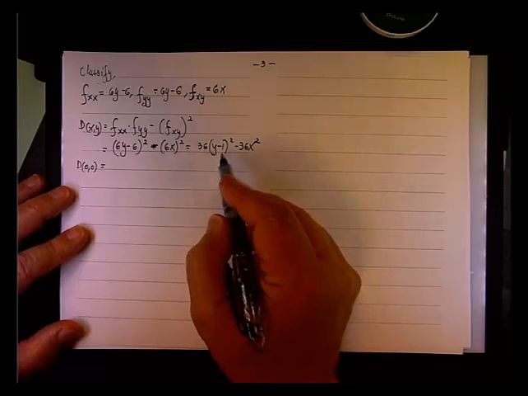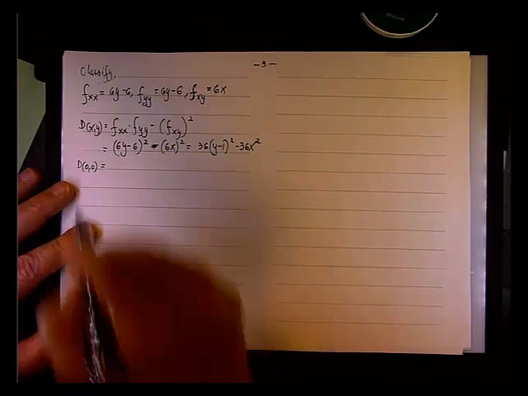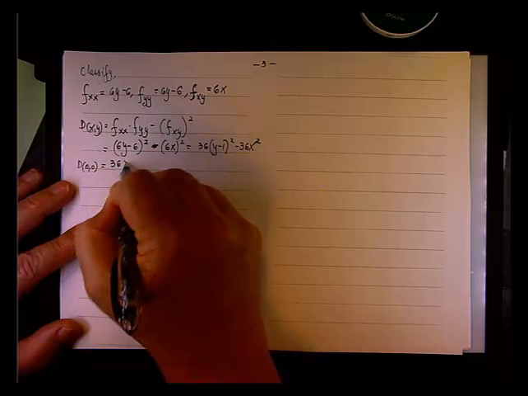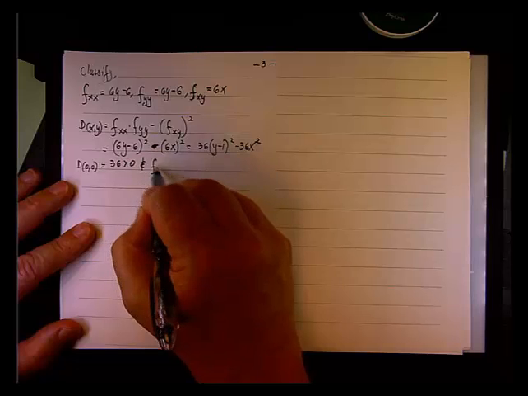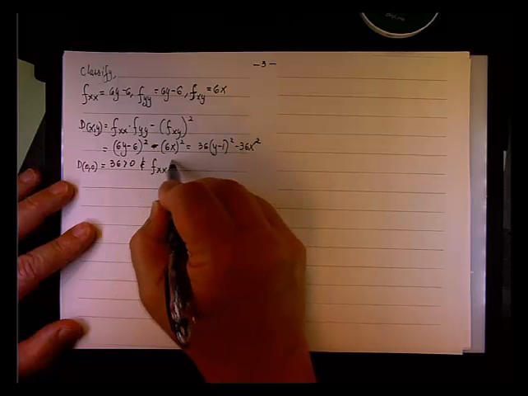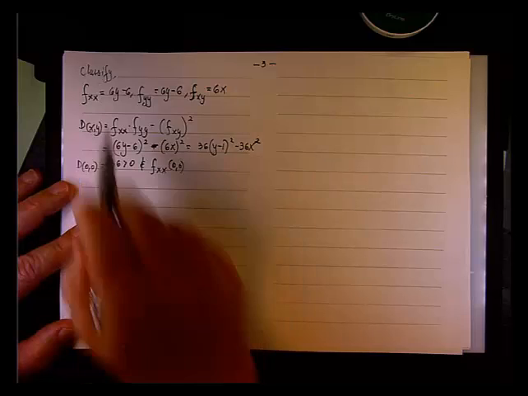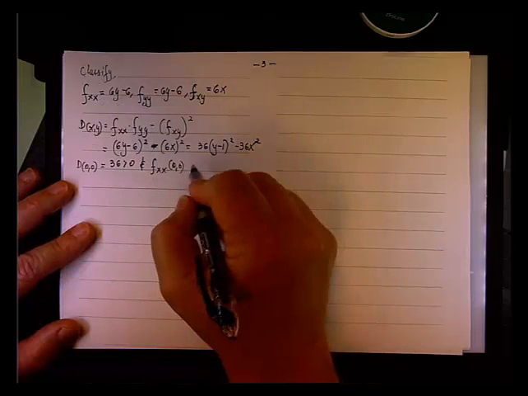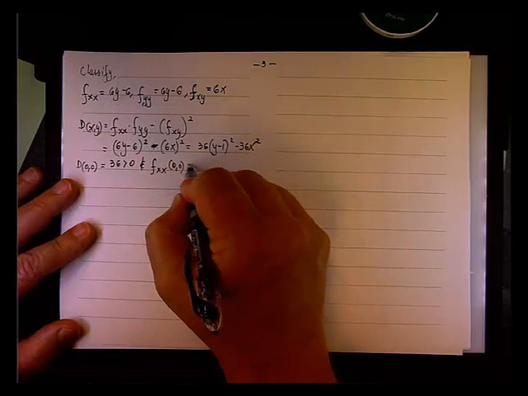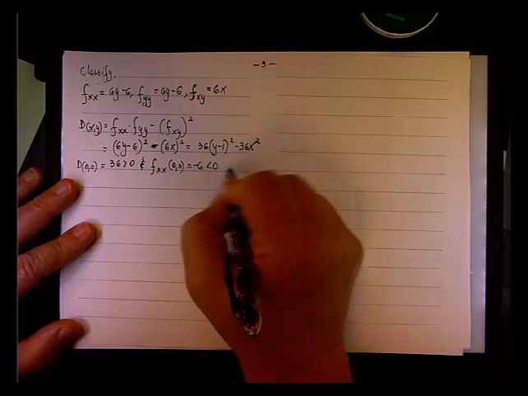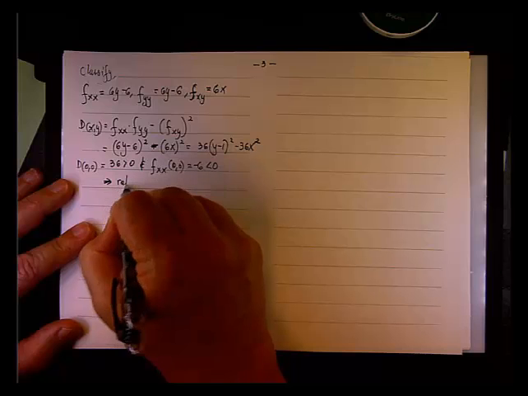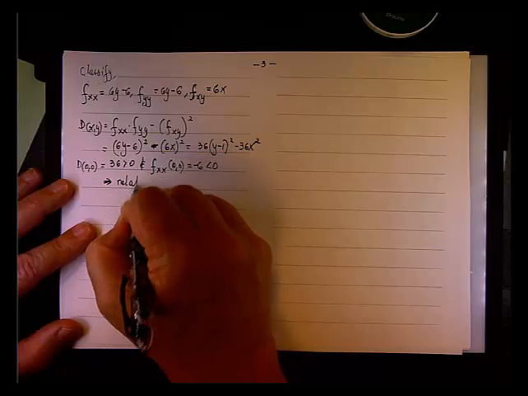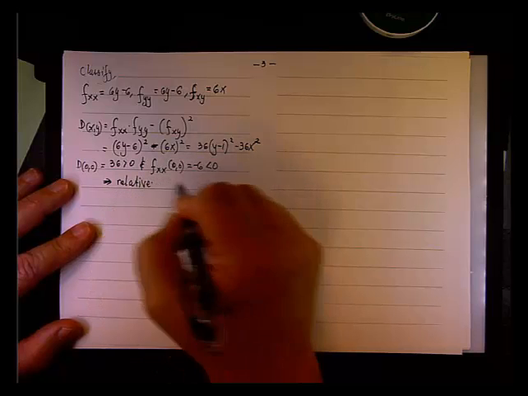So let's start with D of 0, 0. Okay, so what happened here? Well, if x and y both equal 0, then we have 36 times negative 1 squared. So it's 36. 36 is definitely positive. What about fxx? fxx of 0, 0, it's right here. It's negative 6.